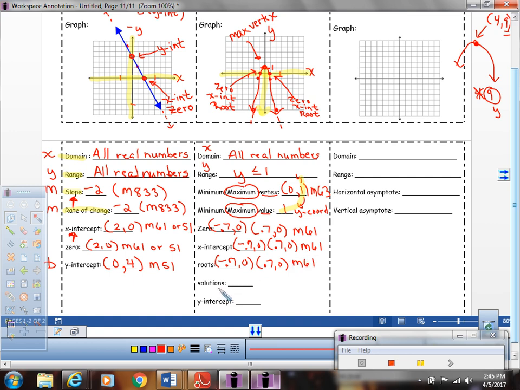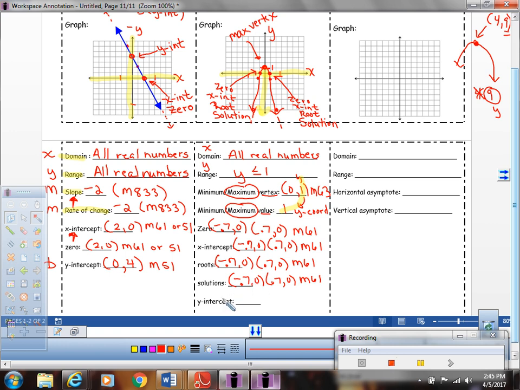And then solution. What about that one? It's the same thing. It's where your graph, your quadratic, crosses the x-axis. So that's a solution, and that's a solution. So let's put that number in there too, and let's put the same steps. So if they want the solution, guys, you can find the x-intercepts, and that would be the solution to your quadratic.